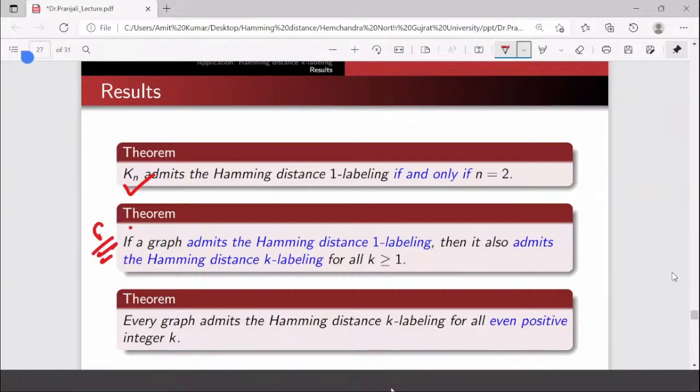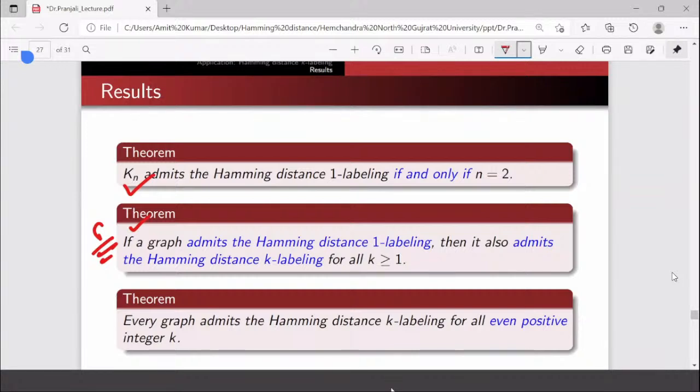But this is one of the beautiful results. I would just take 1 second on it: if a graph admits Hamming distance 1 labeling, then it also admits the Hamming distance K labeling for all K. It means if I am able to embed my graph into H1QD, then I can embed into higher classes also. So that is one of the good results.